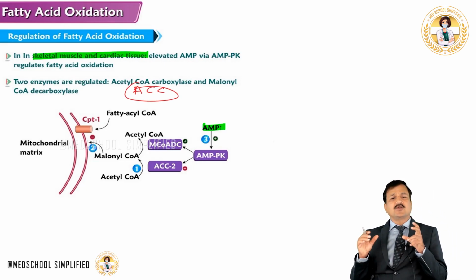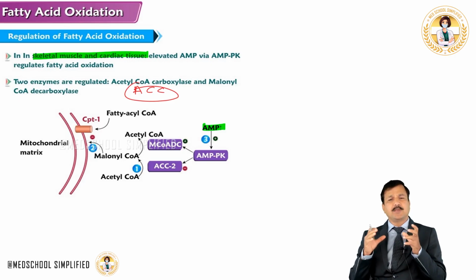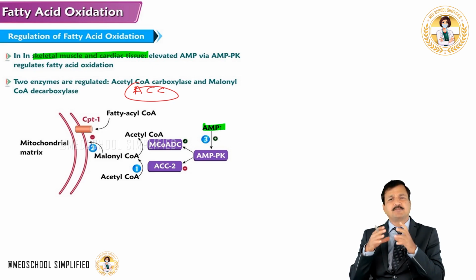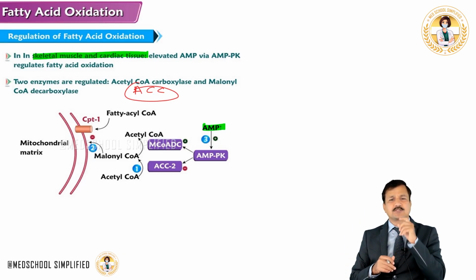Now, acetyl-CoA carboxylase is negatively modulated by AMPK, that is AMP activated protein kinase. It is going to phosphorylate acetyl-CoA carboxylase and keep the enzyme activity low. Thereby, acetyl-CoA is not converted into malonyl-CoA, and that's one thing.